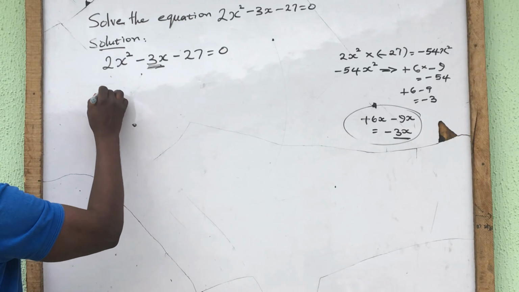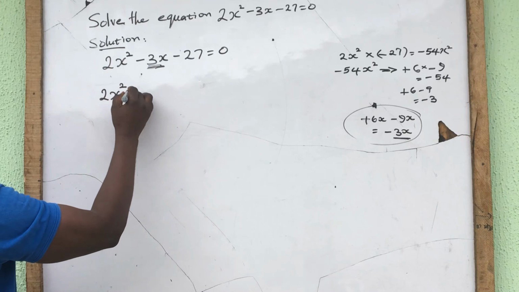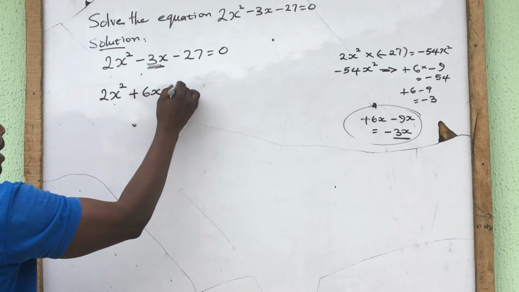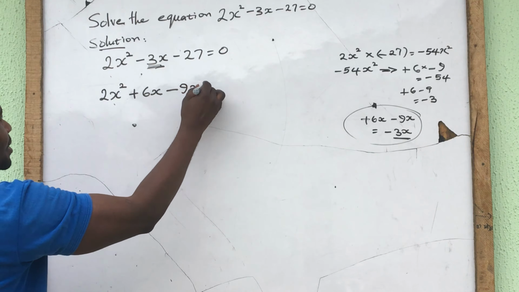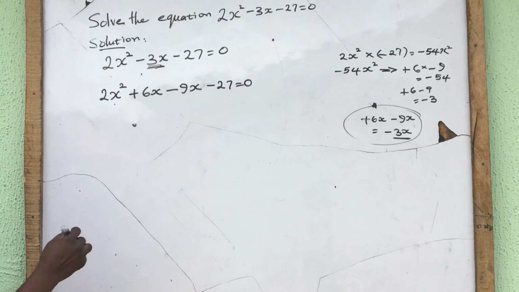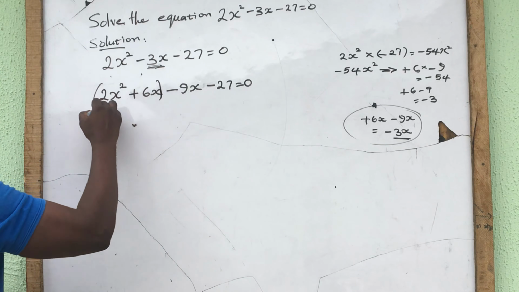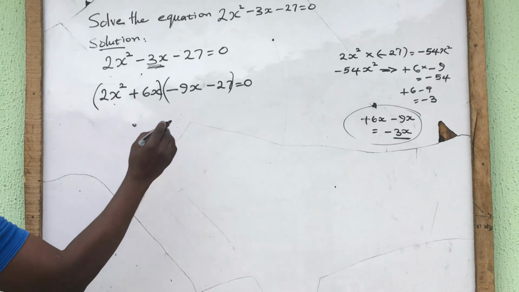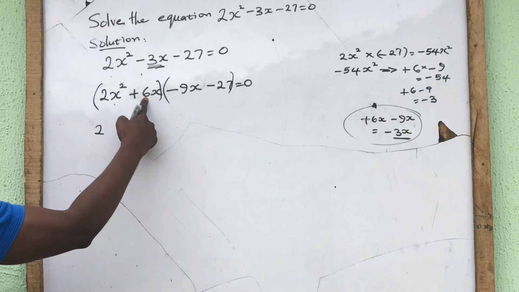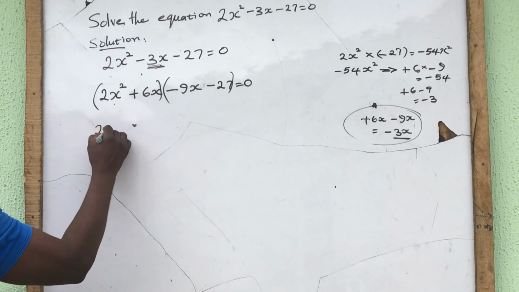So let's now substitute for 3x from here. So that is 2x squared, look at that, plus 6x minus 9x minus 27 equals 0. So I can easily group them. Let me group them like this. So if I group them like this now, I'm going to have 2 here, 2 is 6, x here, x here.